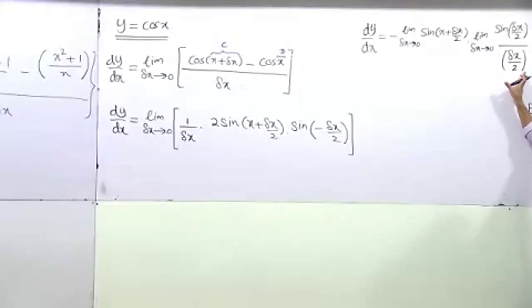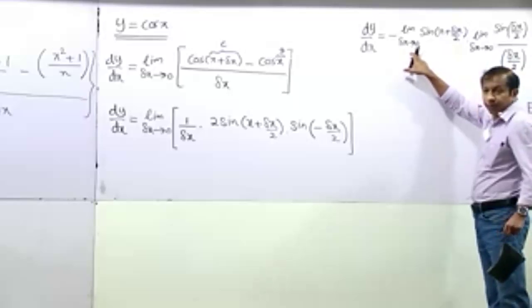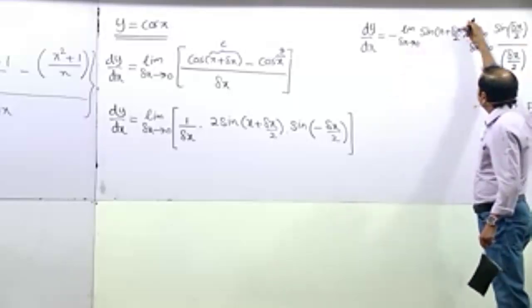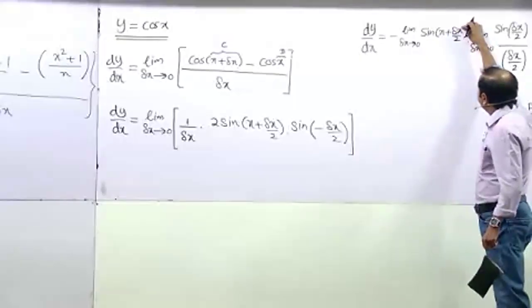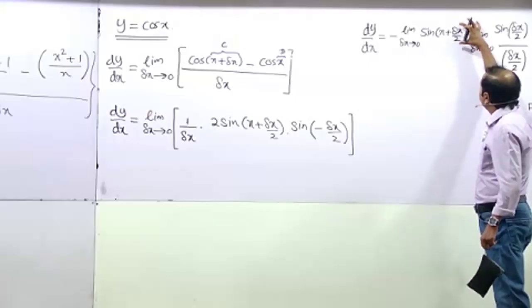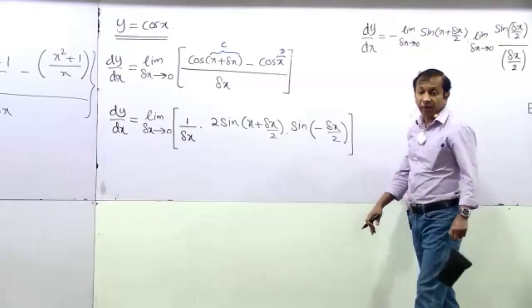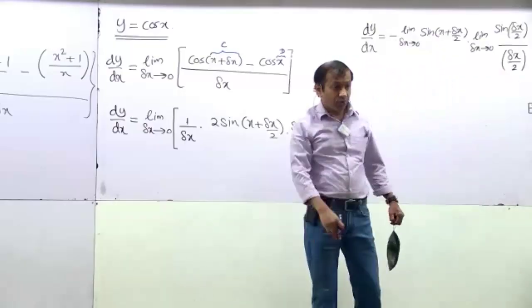This is nothing but 1. When this delta x going to 0, 0 divided by 2 is 0, no? Then we have only sin x with the minus sign. Then we get minus sin x as a derivative of cos x.